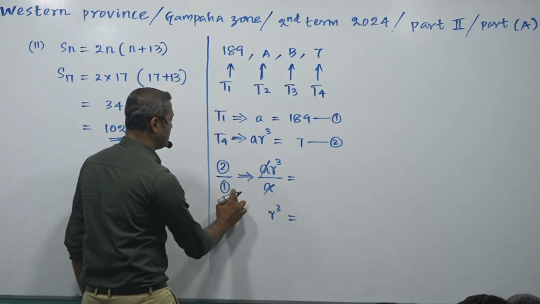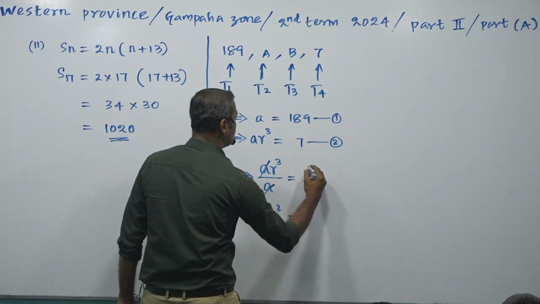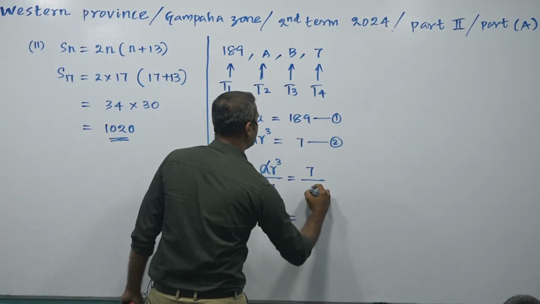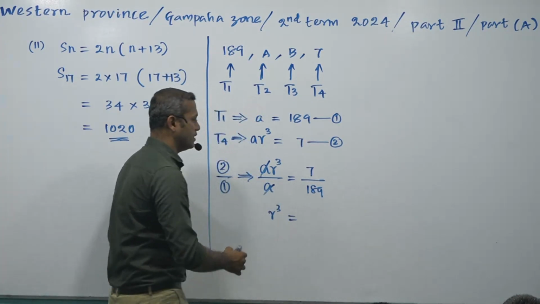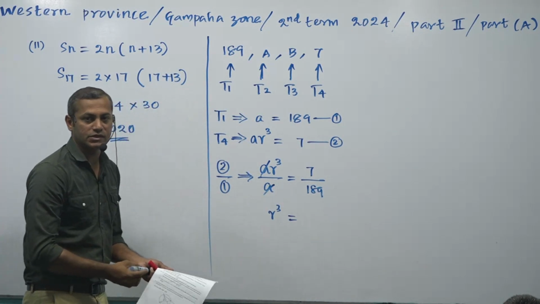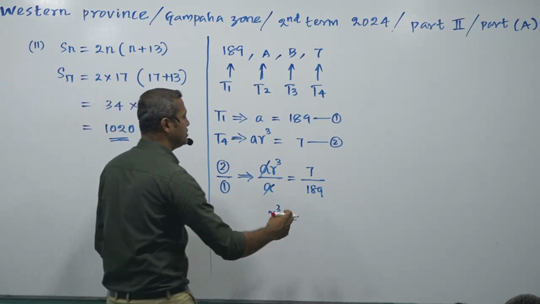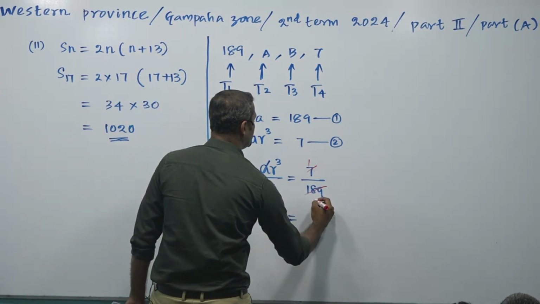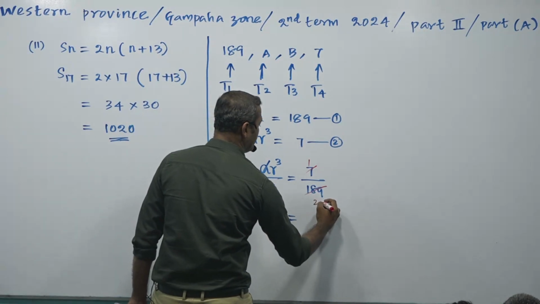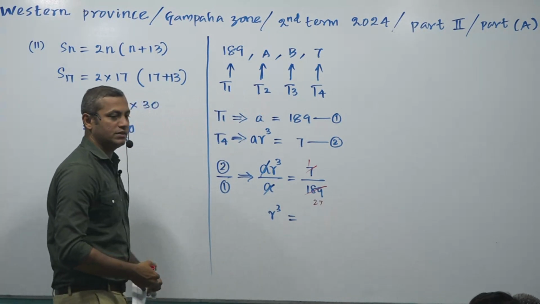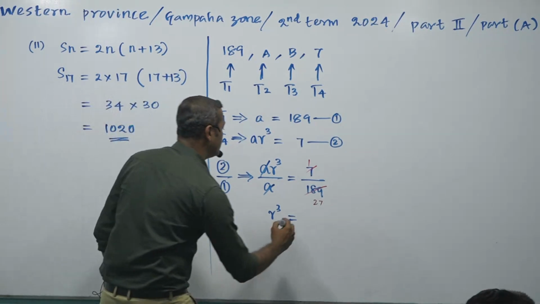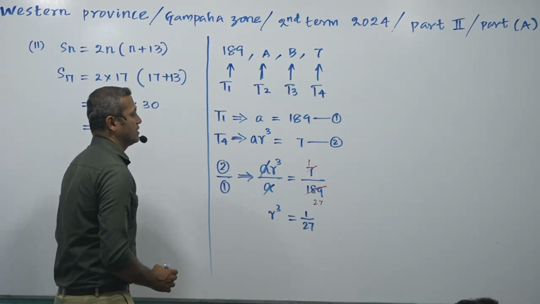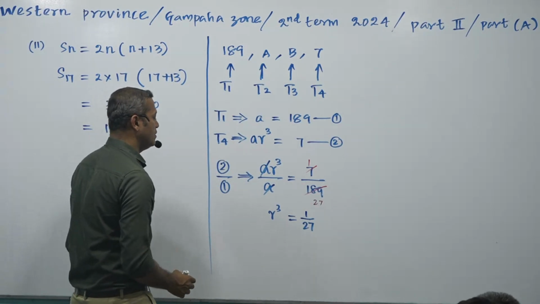Second equation divided by the first equation, so 7 should come up. Numerator 7, denominator 189. Can you divide both by 7? Yes. How many times you have 7 in 7? 1 time. In 189? How many times? 27 times. Yes or no? Then 1 over 27. Yes, 1 over 27.